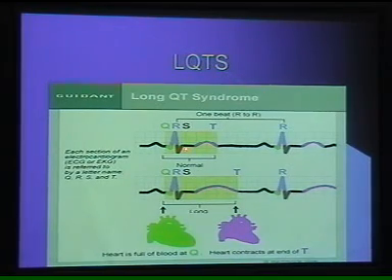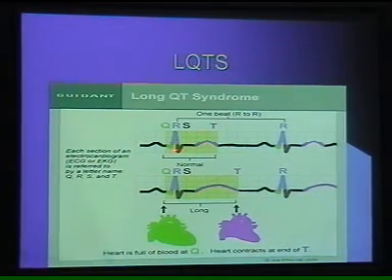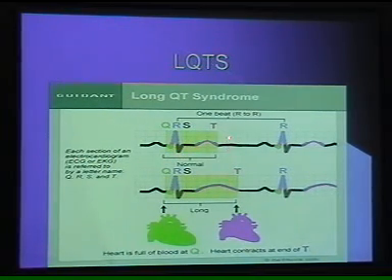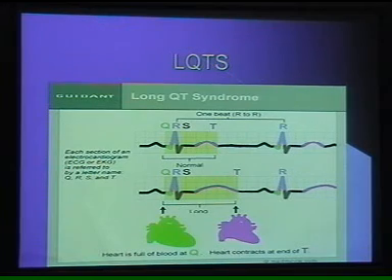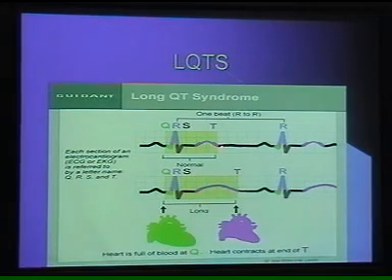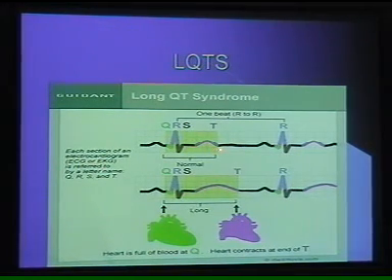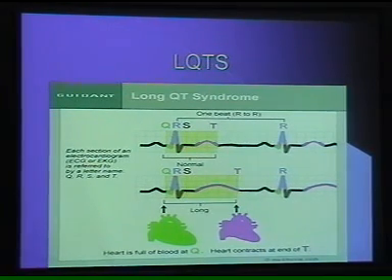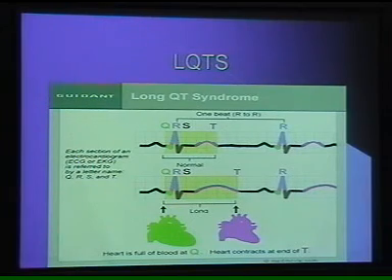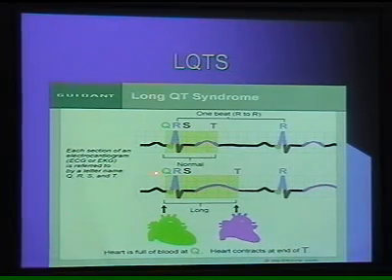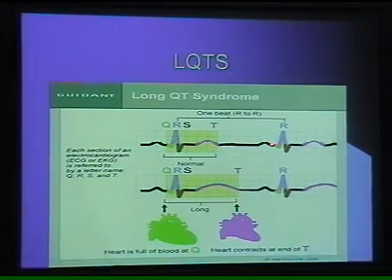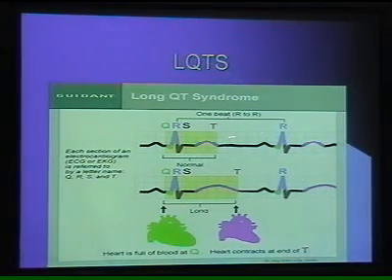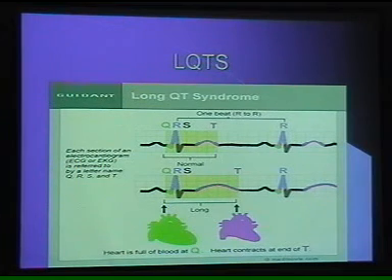This is the QT segment, from the beginning of the QRS to the end of the T. The QT has a duration which is usually less than 0.44 seconds, which comes to less than half of the distance between one R wave and the next R wave.